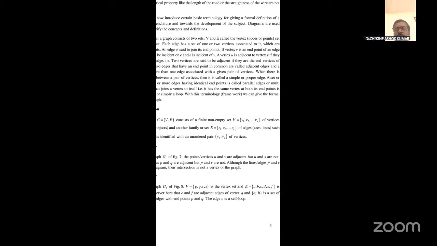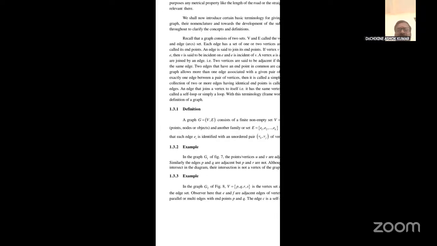Although the lines or edges P and R are intersecting in the diagram, their intersection is not a vertex of the graph.